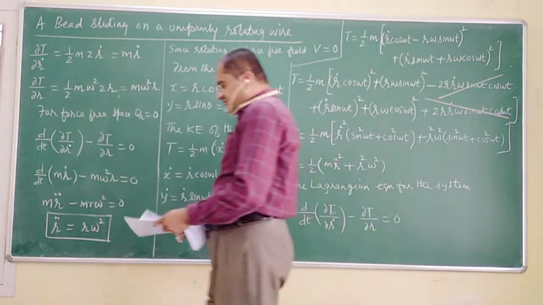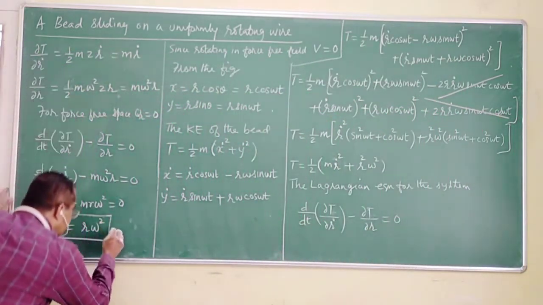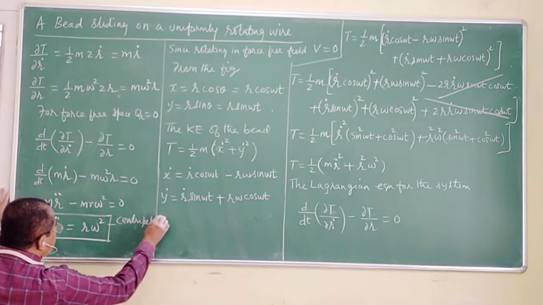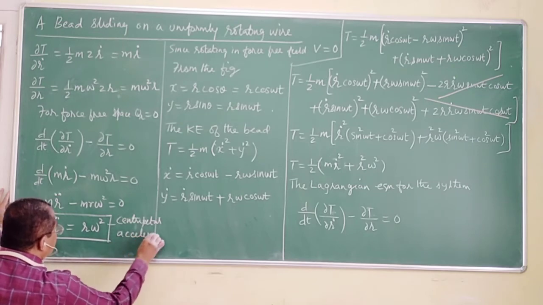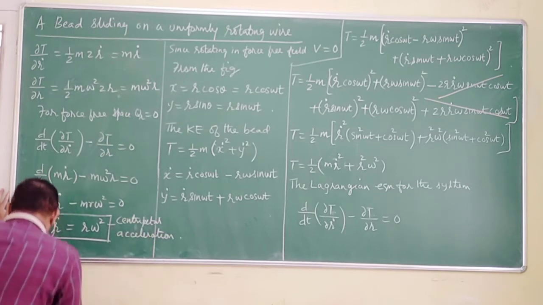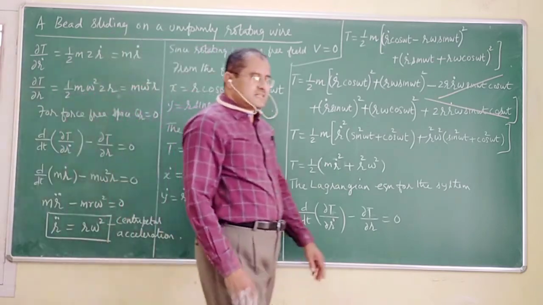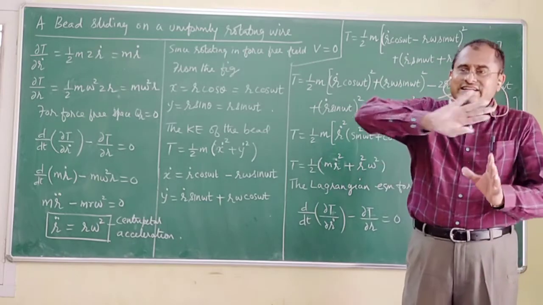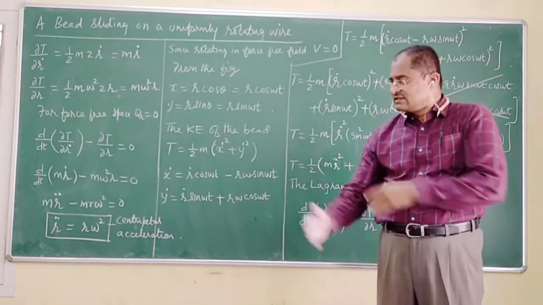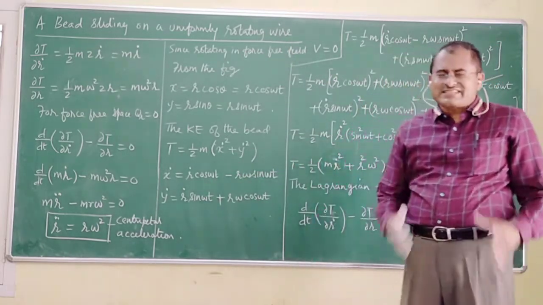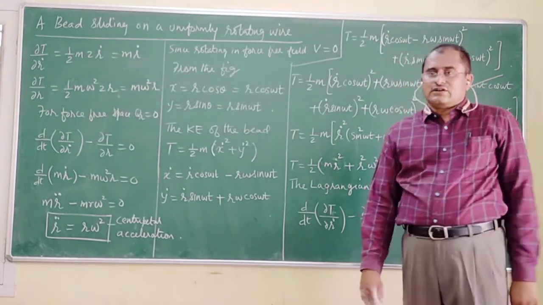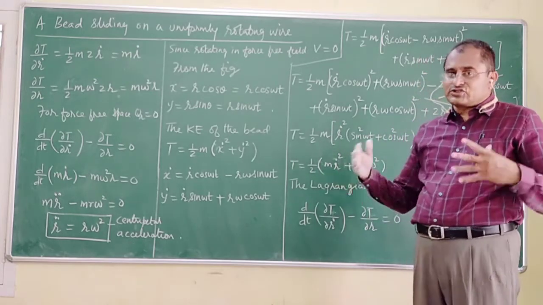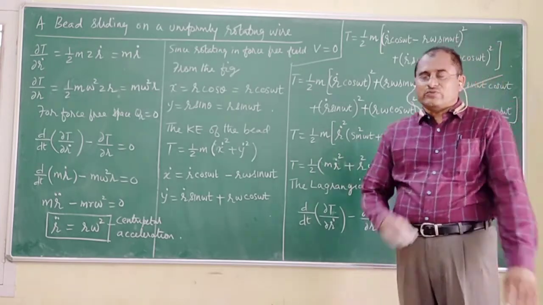This is what I said in the beginning of the class, that when a bead is sliding on a rotating wire, it will have a tendency to move outwards, and precisely we have got the same expression of centripetal acceleration, which will tend to move outwards, and we have solved this using the Lagrangian equation.